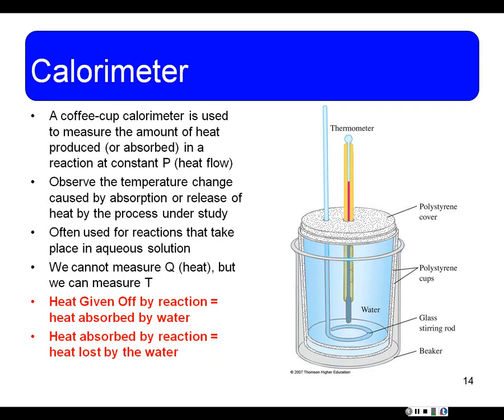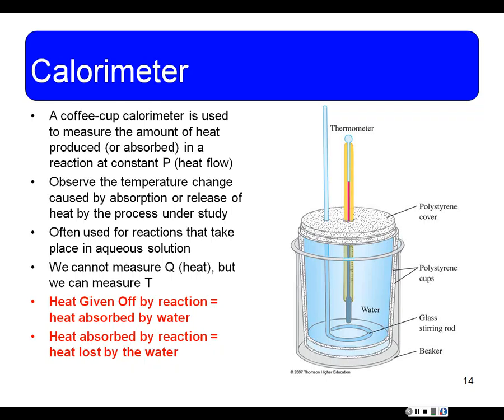Calorimeter means that you're going to measure the temperature change, and the energy that's being absorbed or released. Oftentimes for this technique, water is what's in the calorimeter, so that means your reactants have to be able to react in water. Sometimes that can be an issue.